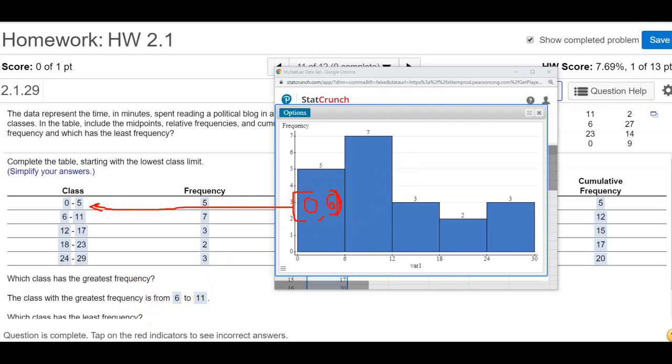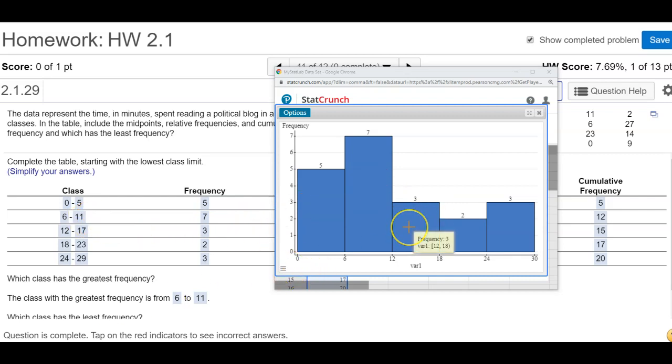On the next one, when I move my mouse, you see what I got? 6 to 12. So I got 6, close bracket, comma, parenthesis 12. This is a parenthesis 12. But what do I put in? 6 to 12 minus 1, which is 11.